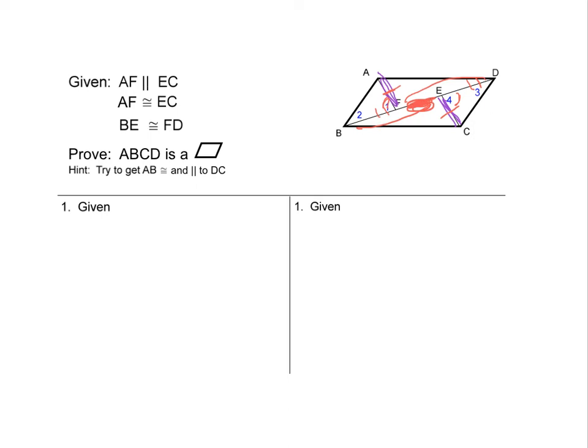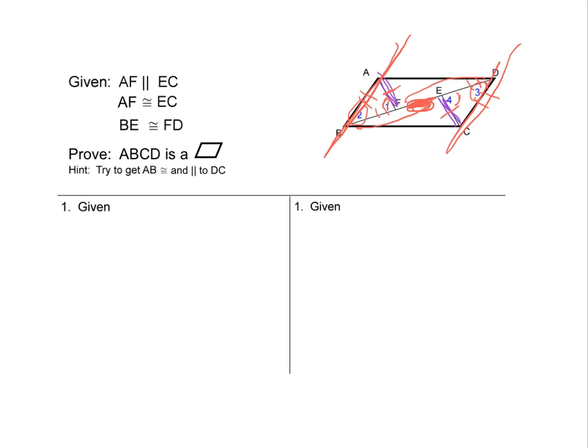But once I've done that, I now have that those two triangles are congruent by side, angle, side. Which means now angle 2 is congruent to angle 3 by CPCTC, which means this side is going to be parallel to this side by congruent alternate interior angles yield parallel lines, and also by CPCTC, this side is congruent to that side.